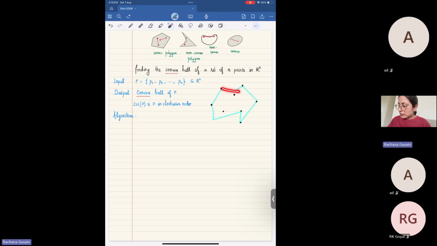Assume all these are straight lines. But is this the smallest polygon that covers all the points? Again, let's think of this in terms of perimeter. Does this polygon have the smallest perimeter? And let me give you the actual smallest polygon as well, so that you are able to see the difference between the two.